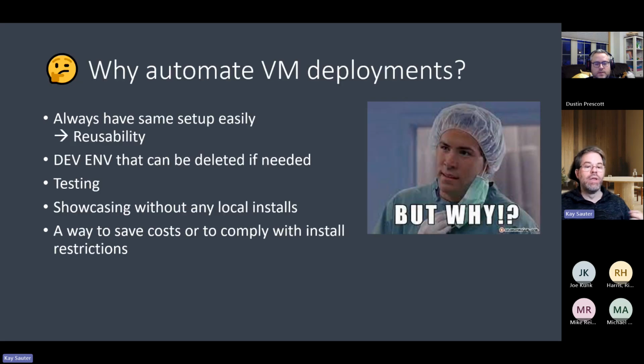So why would we want to automate VM deployments? Well, first off, we want to have infrastructure as code. That means we have reusability. We can use the code again and again. We can delete the development environment when we want to, because we think we don't need it right now.